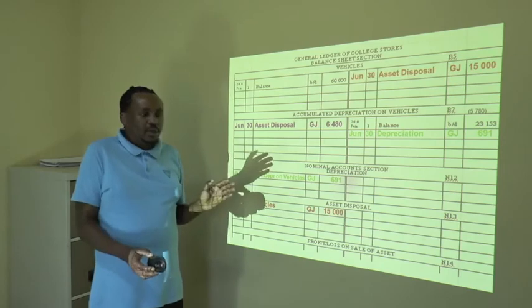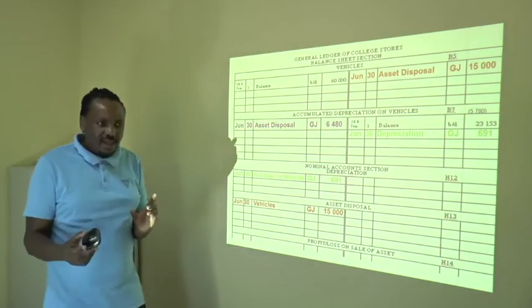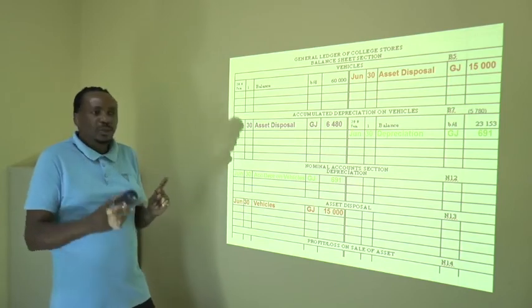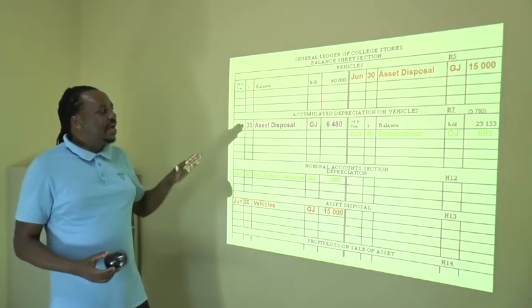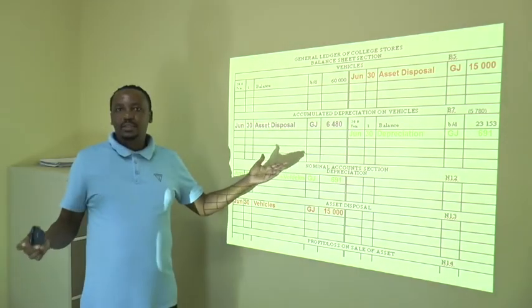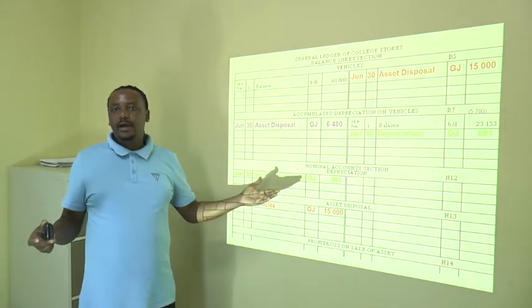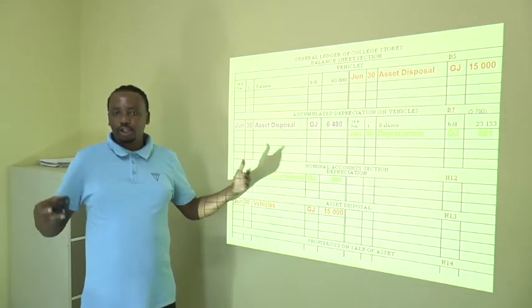The new one will be calculated based on the number of months the asset is within the business before it was disposed. Let's say the beginning of the accounting period is March, and the asset is disposed in June.